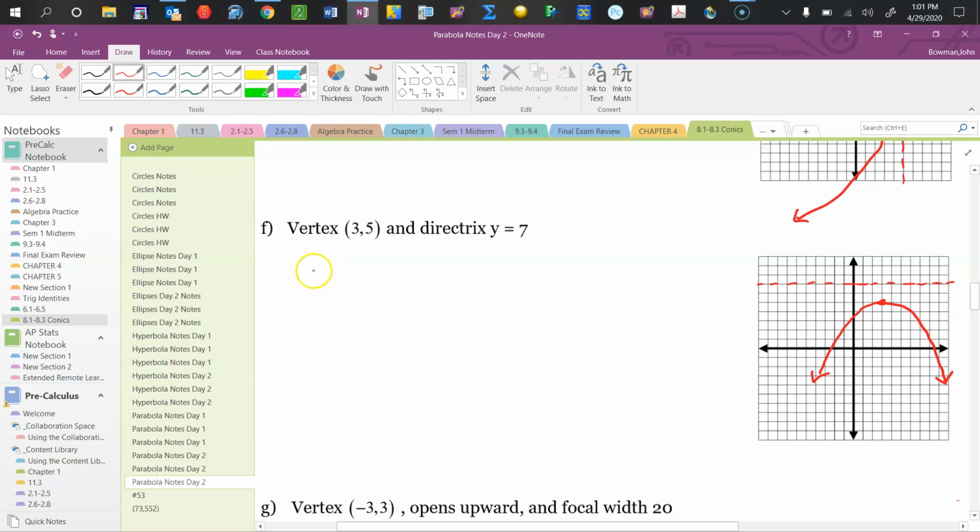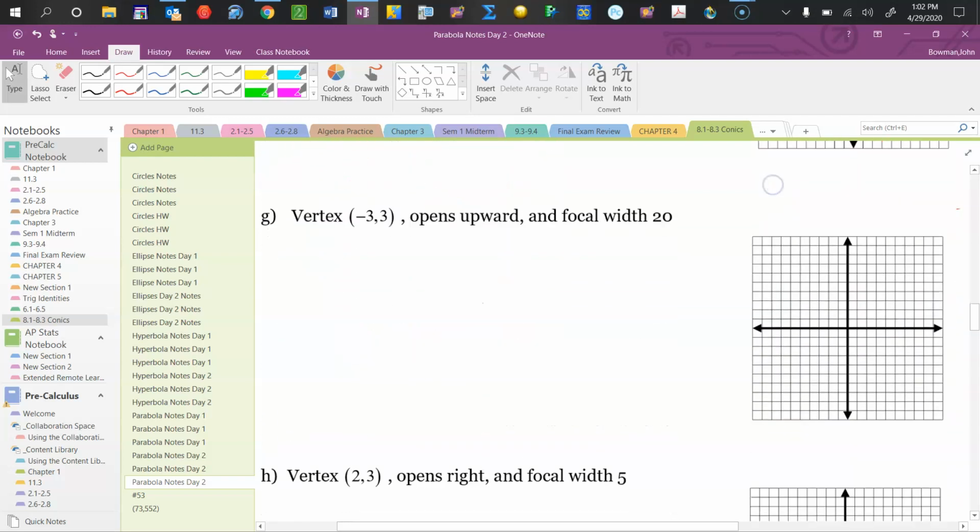We have the x term is squared, p is negative, and in this case the distance between the directrix and the vertex is 2, so p is equal to negative 2. And our equation is going to be x minus 3 quantity squared is equal to 4p, which is negative 8, times y minus 5. Almost done.